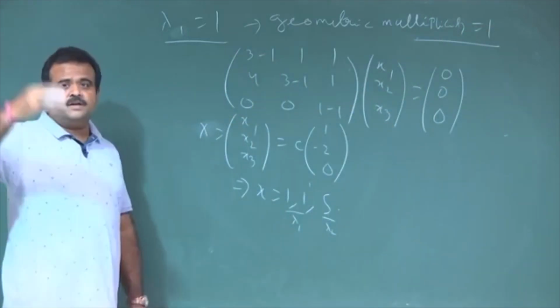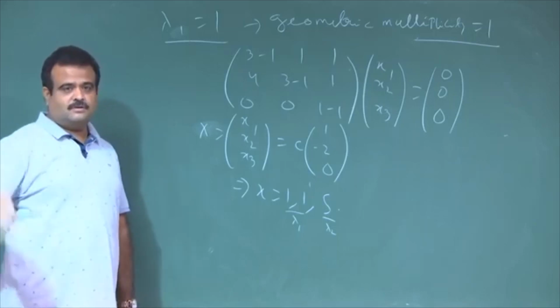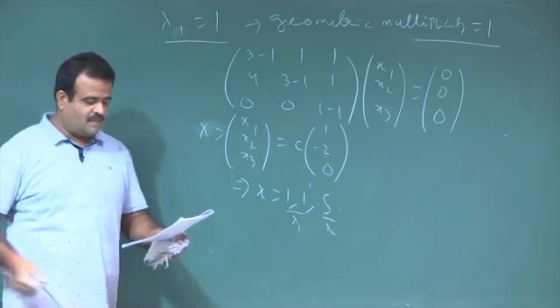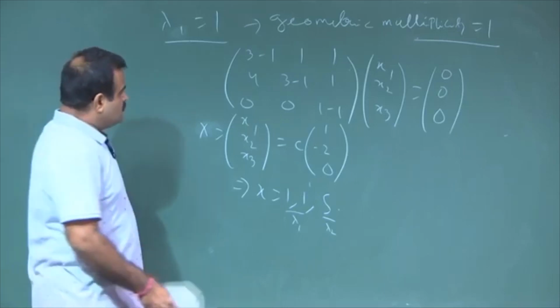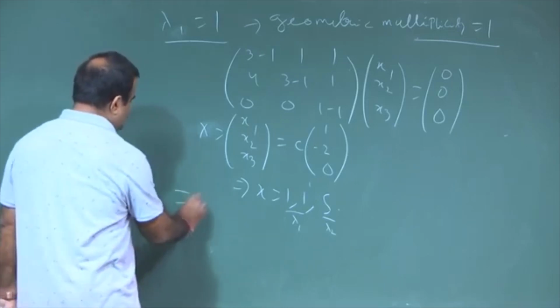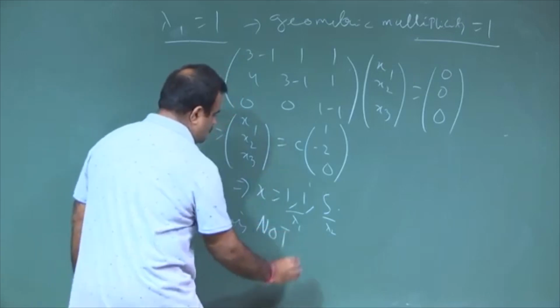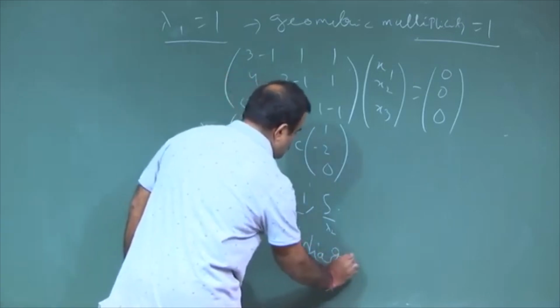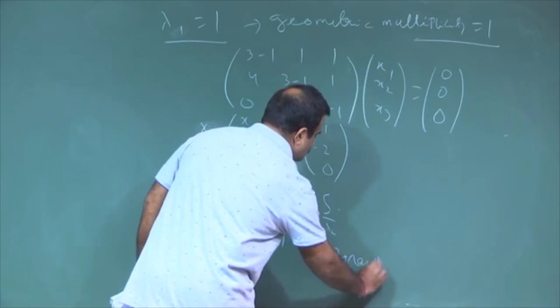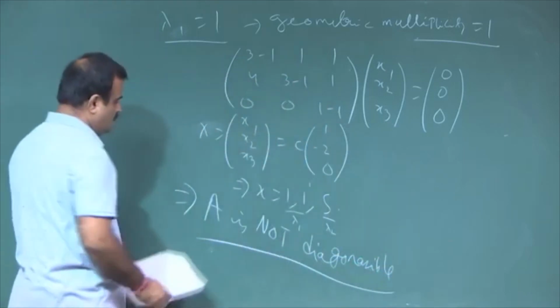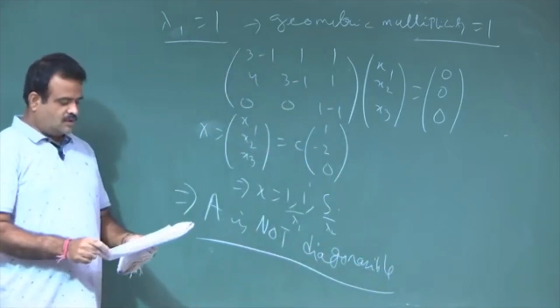So, that means we cannot get two independent vectors with which we can construct the P. So, this implies A is not diagonalizable. So, we cannot get a P for which this is happening.